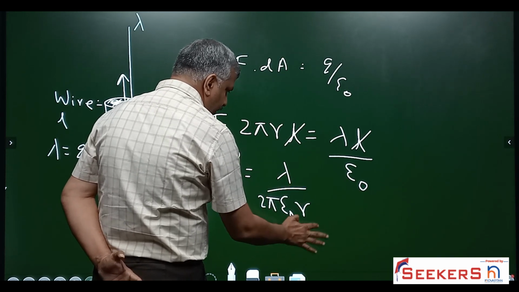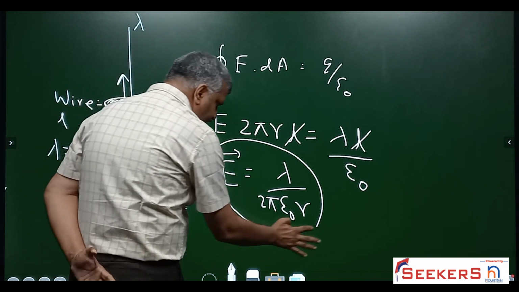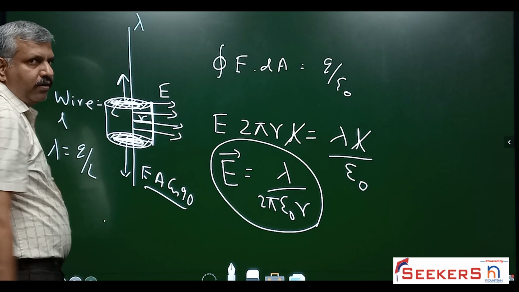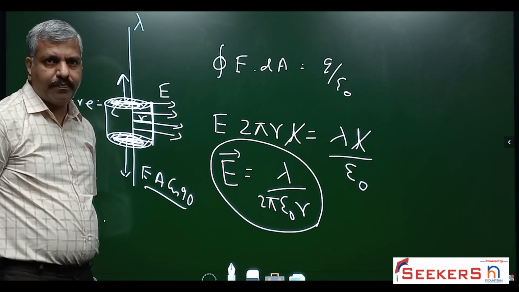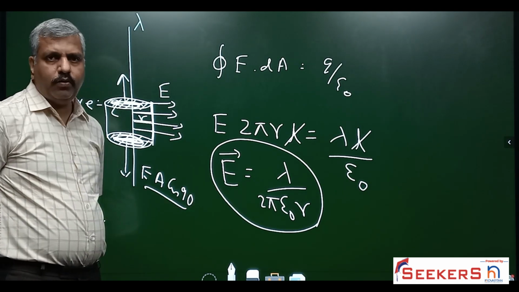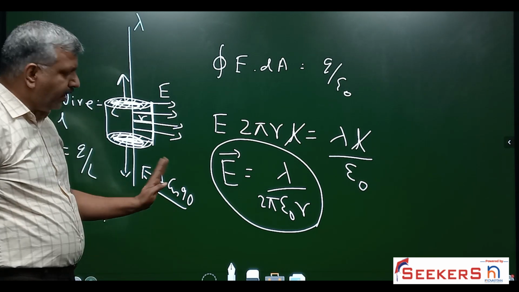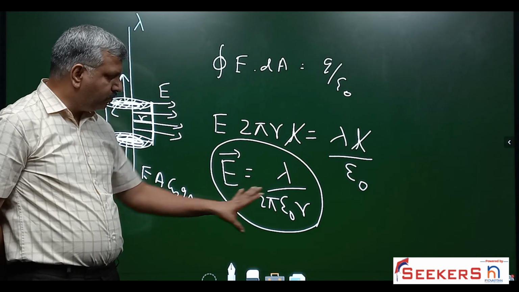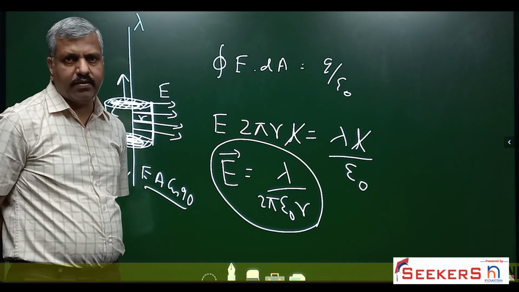So this is the electric field at a distance r from an infinitely long line charge. Okay, so I hope you are able to get it. When you get questions of this kind in your exam, they'll all be direct questions. You just have to plug in the values and answer. That's all.